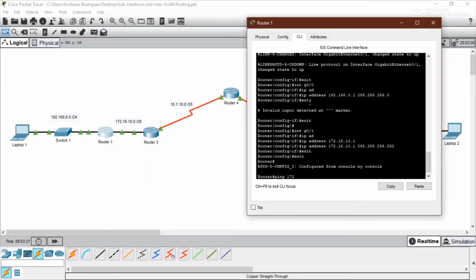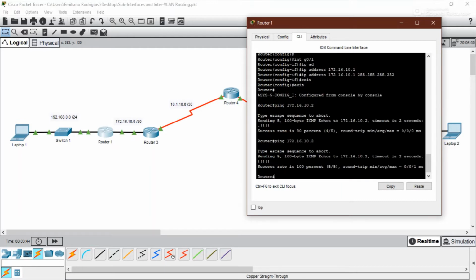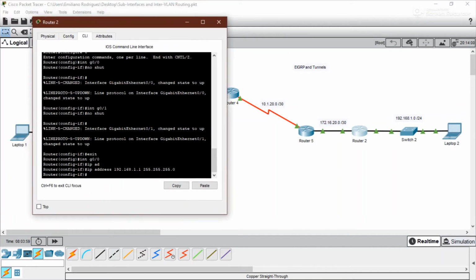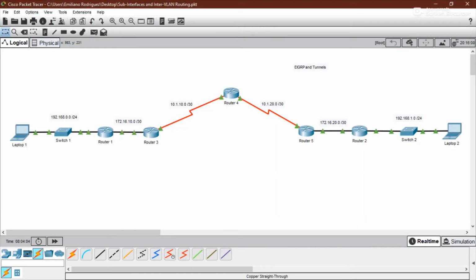Ping 172.16.10.2. Laptop 1, however, will not be able to ping router 3 until we configure EIGRP. Before we do that, we will configure router 5 and router 2. Gig 0/1 on router 2 and gig 0/0 on router 5.